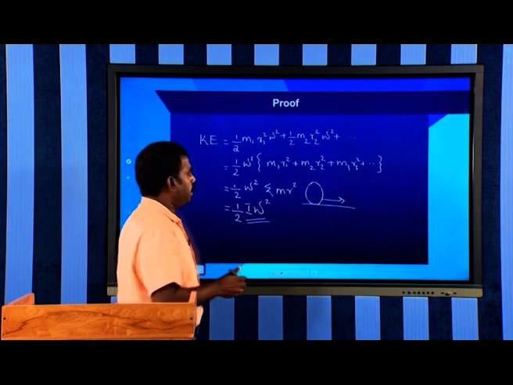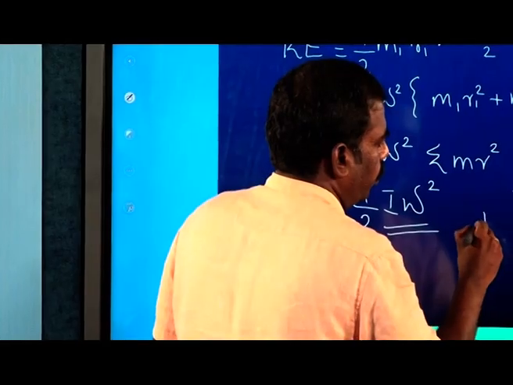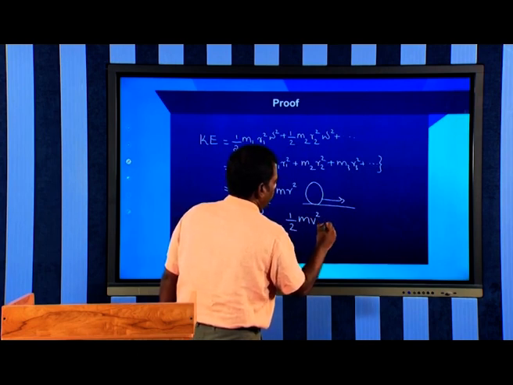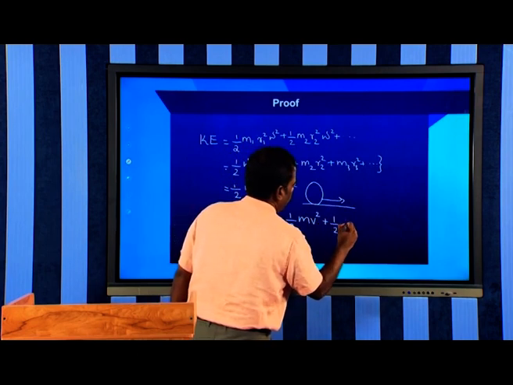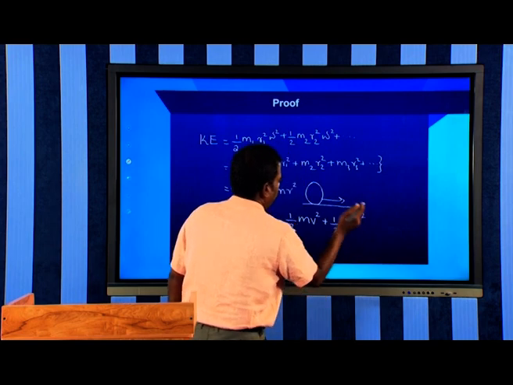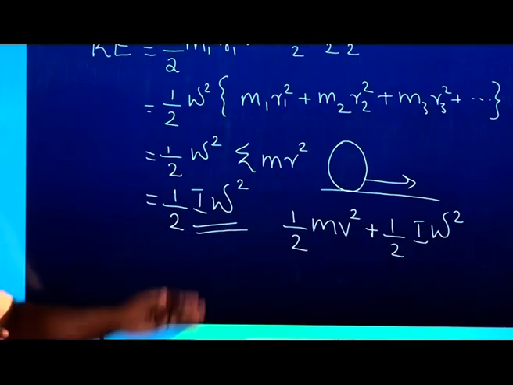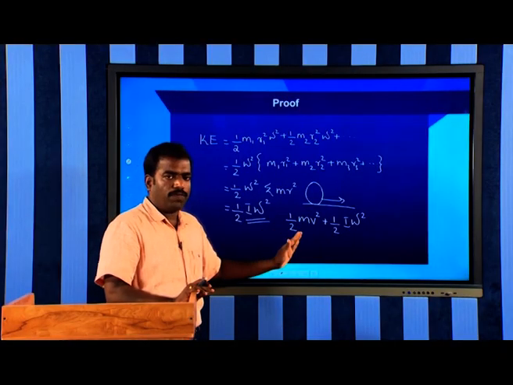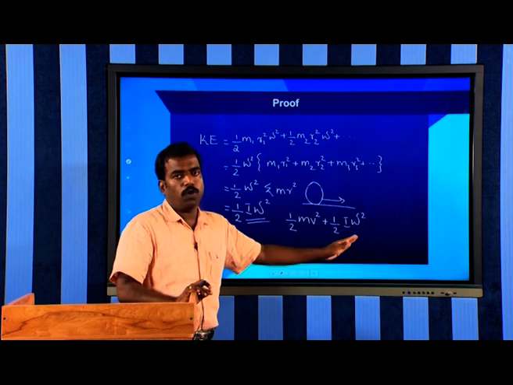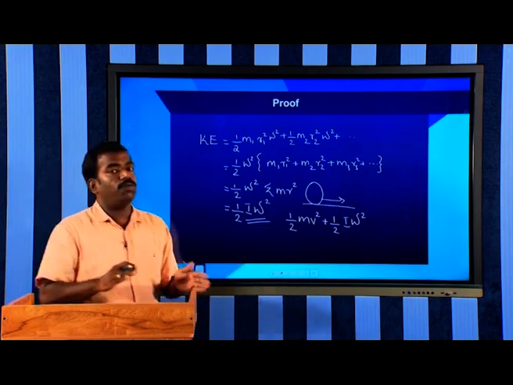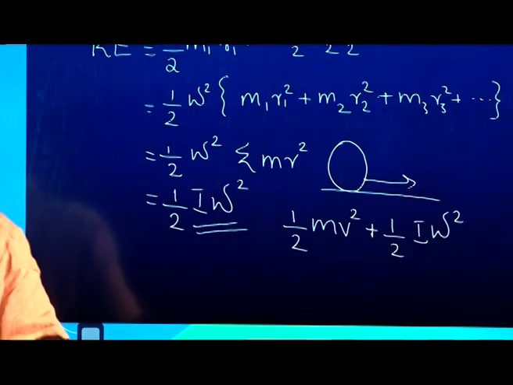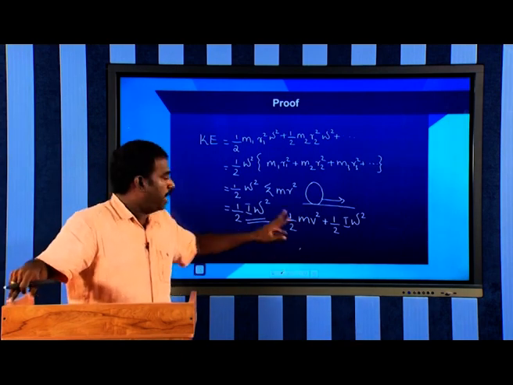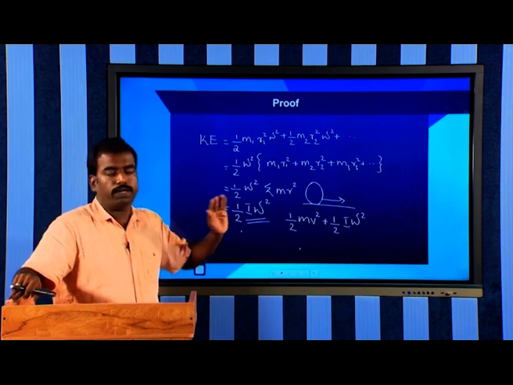In that case the kinetic energy is given by the sum of the translatory kinetic energy, which is half m v square, plus the rotational kinetic energy, half I omega square. We need to use this formula while we discuss the problems. So, this is the kinetic energy of the rolling body, and this is the kinetic energy of a rotating body.